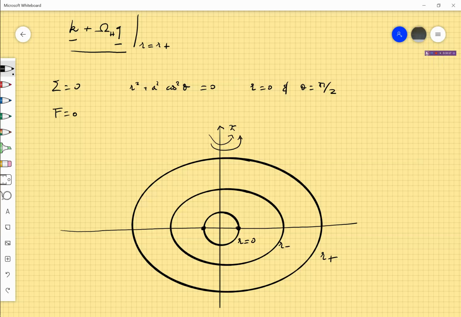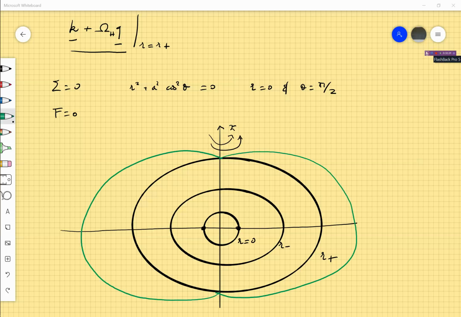We still have to draw the ergosphere, so this is next. So this is the static limit plus, okay, which is a function of theta. You see that it touches the event horizon at these 2 points, and then the interior limit is more or less as follows.